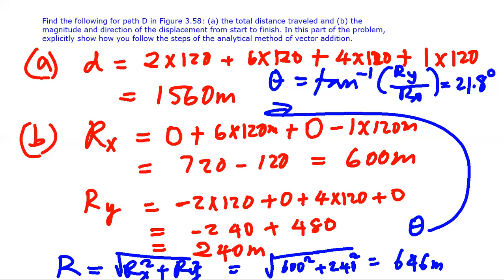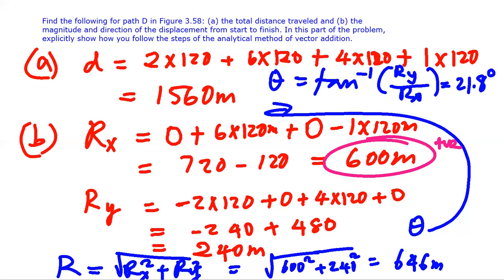Now, since Rx is positive and Ry is positive, take note. So this is positive, and this is positive.